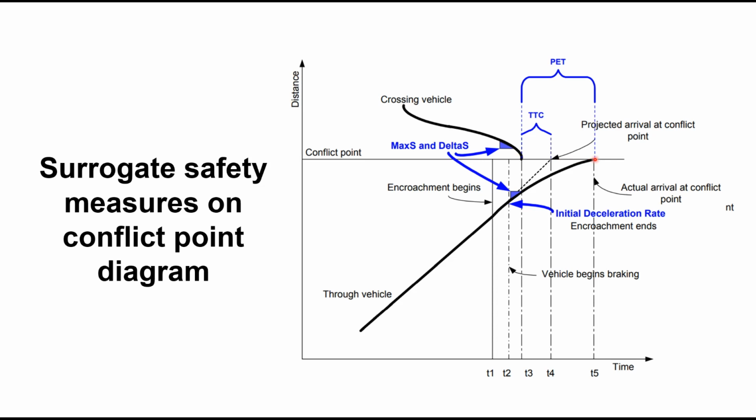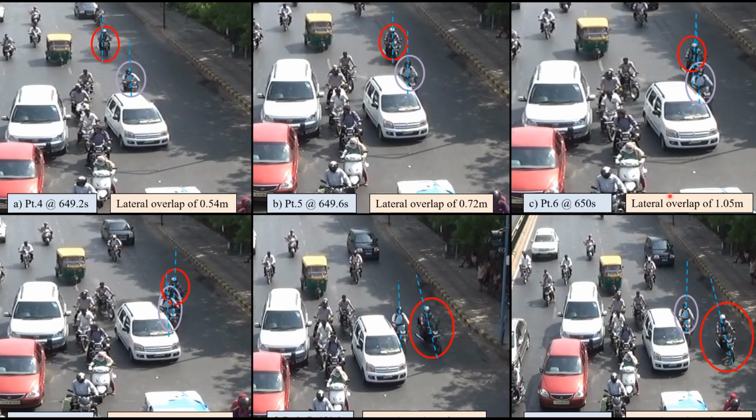This is the time after taking action by the through vehicle. But if it doesn't take any action, then this is the time to collision, TTC. So these are two important parameters which you can determine from the trajectory of vehicles. How this conflict can be determined from either field data or from simulation data.